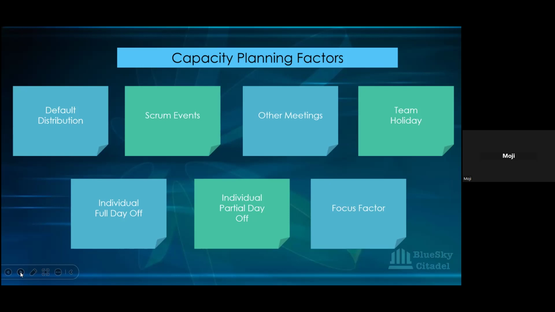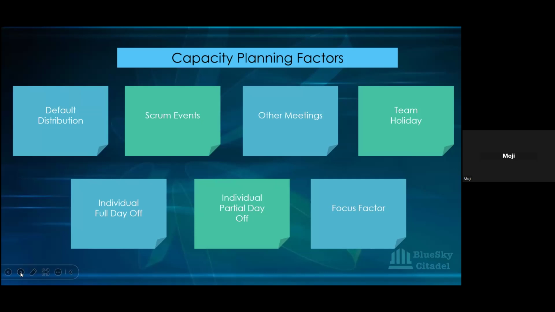Any meeting outside the Scrum ceremonies is an other meeting that they need to attend. The department head for the engineering team might decide there's upskilling training they need to go for. You can't stop them from going, and while they are in that training, they are not actually coding.